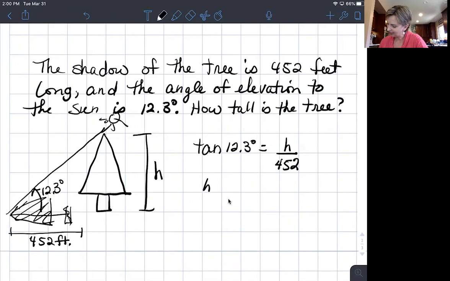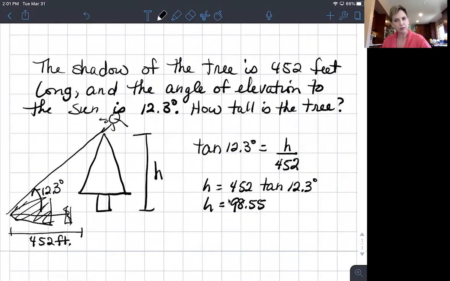So your height is 452 times the tangent of 12.3 degrees. Just put that in your calculator, the tangent of 12.3, enter, times 452, and you should get 98.55, about that, in that range.